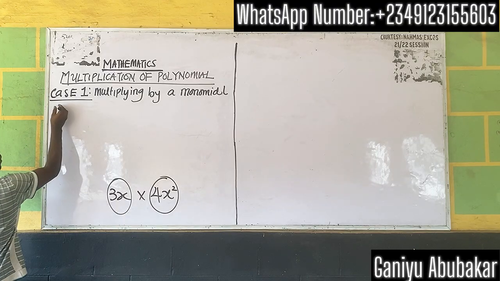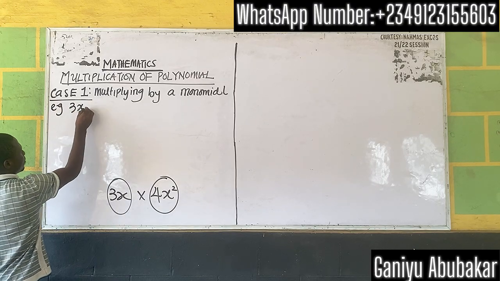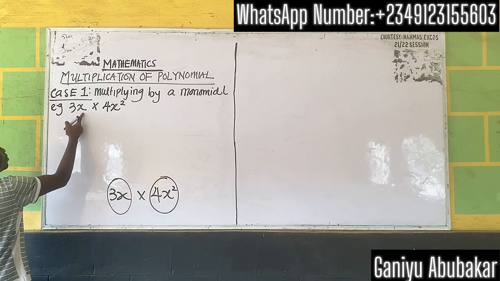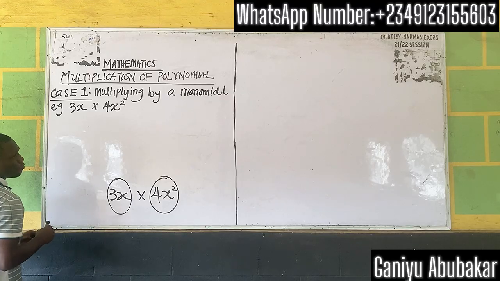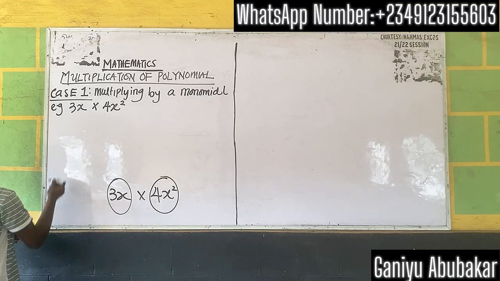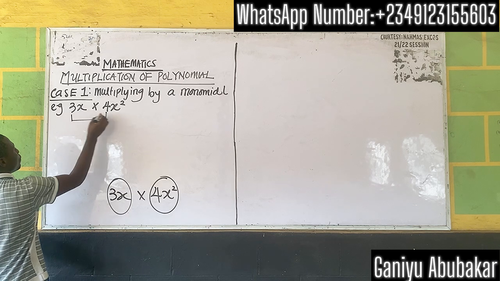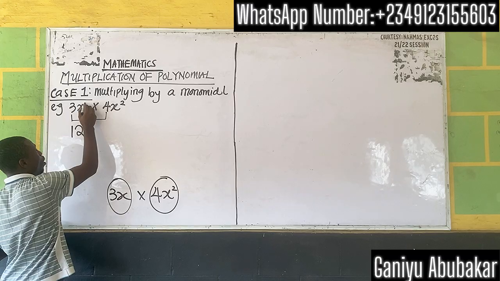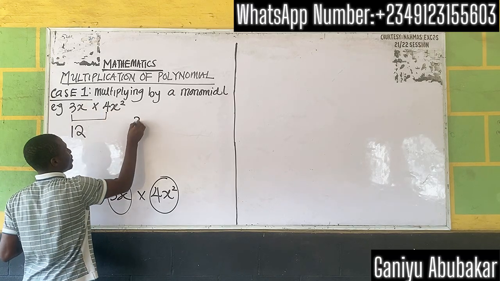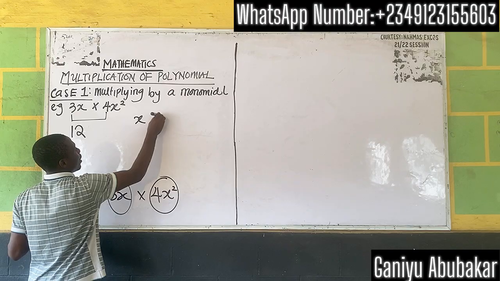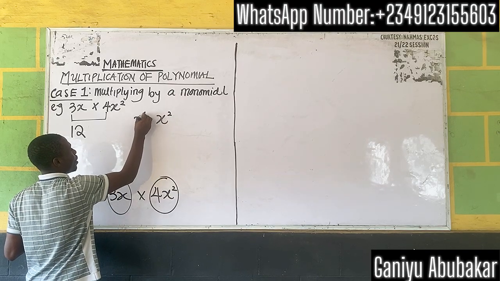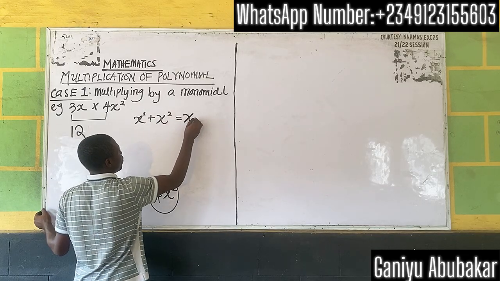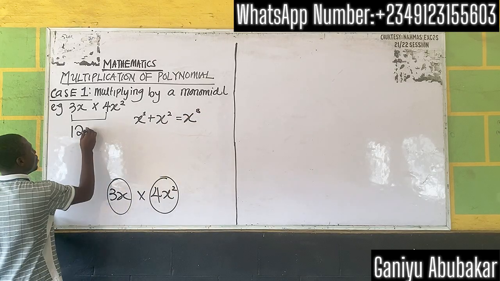If I have 3x multiplying 4x squared, this is a monomial times a monomial. Multiply the numbers 3 and 4, which gives you 12. Then add the exponents of the base: x has power 1 and x squared has power 2. Adding the powers gives x to the power of 3.